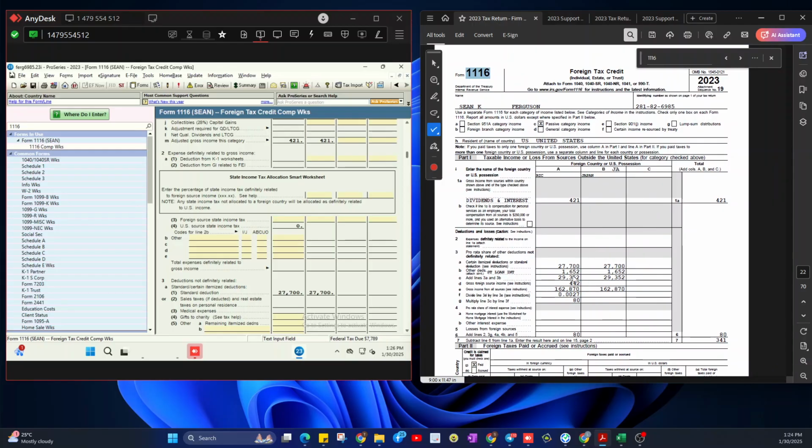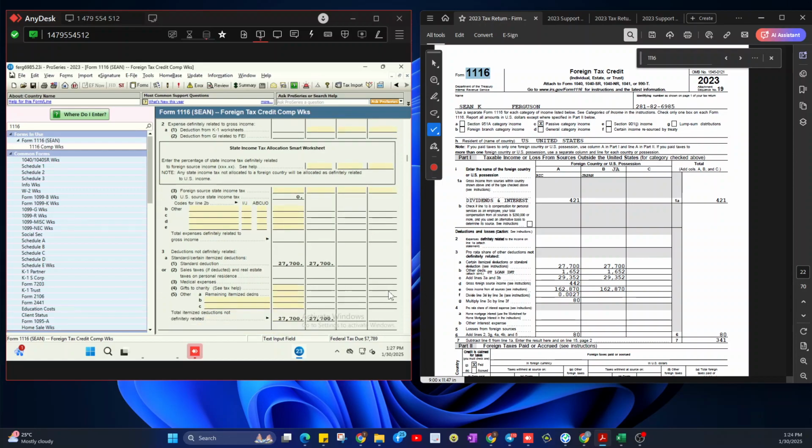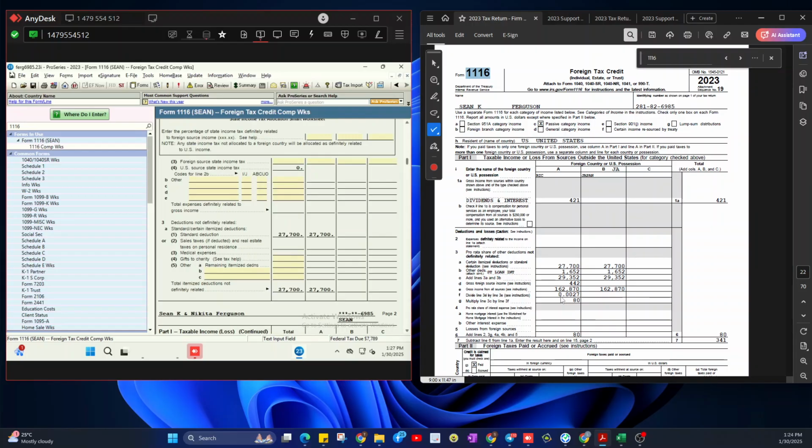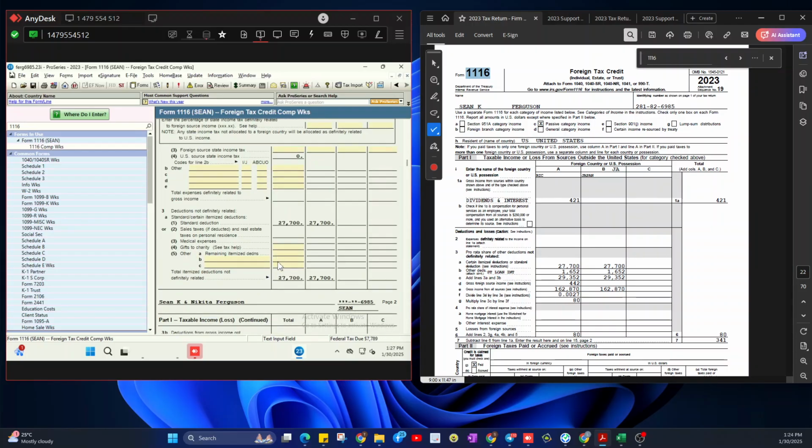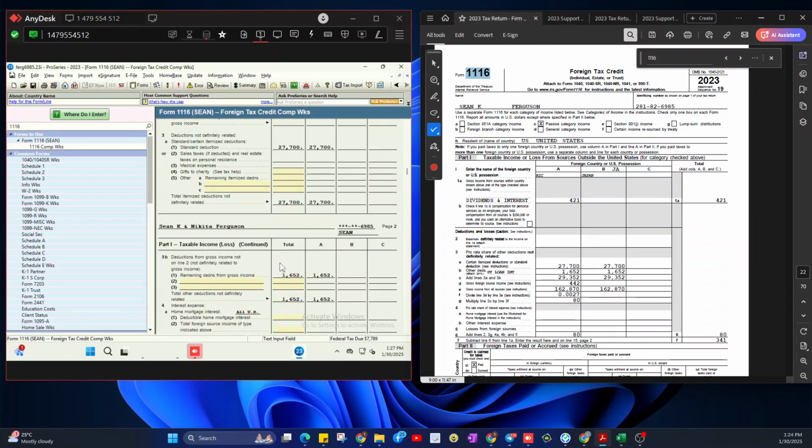1652, short-term loan interest. I'll try to look for this one later. And then foreign source income per instruction. D. Oh, remaining deductions from gross income.